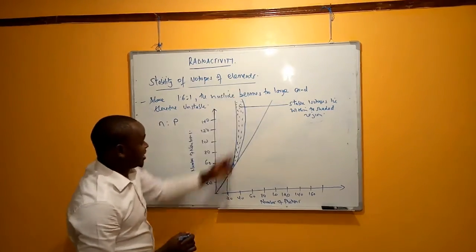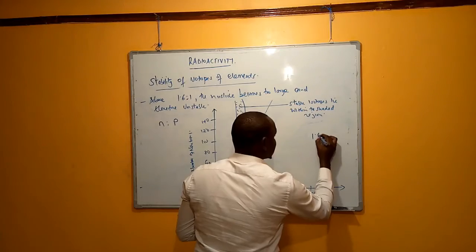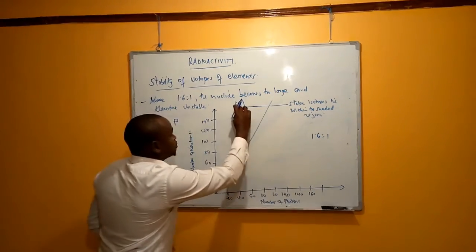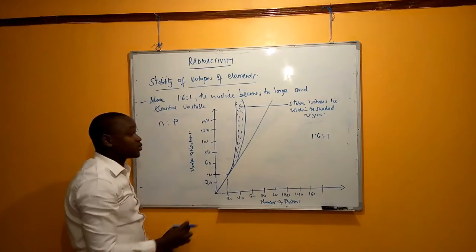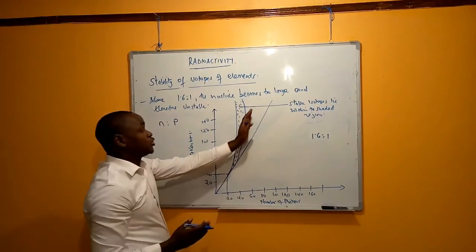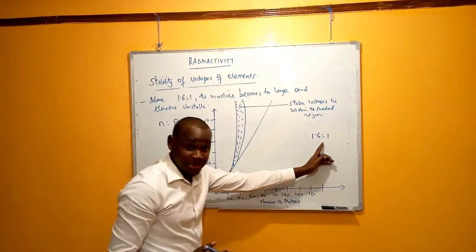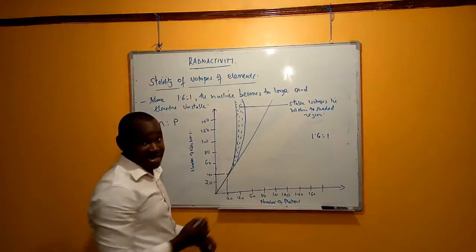Anything that is within here will have a ratio of not more than 1.6:1. All those ratios will lie in between here, and therefore we say that those isotopes are stable. Above here, those isotopes have a ratio above 1.6:1, and therefore they are unstable.